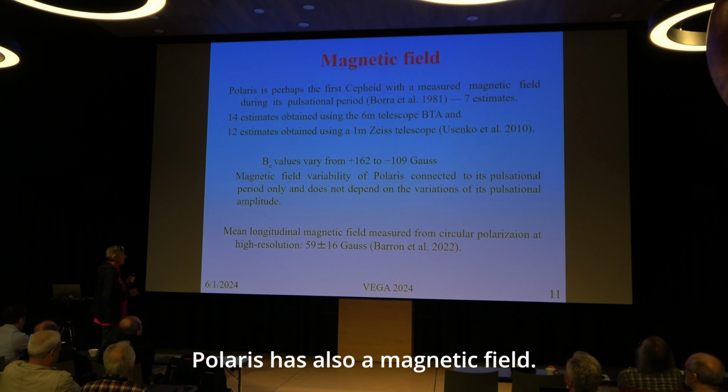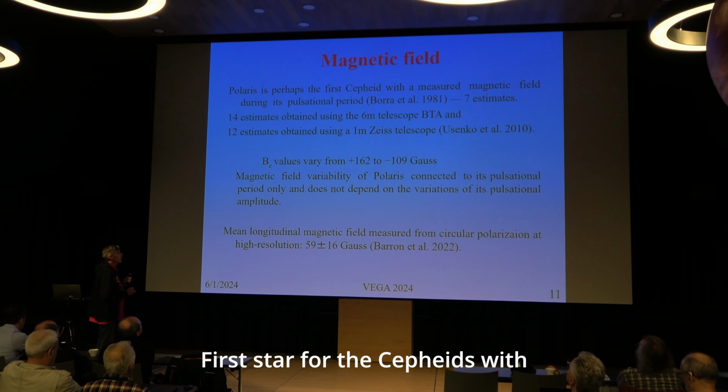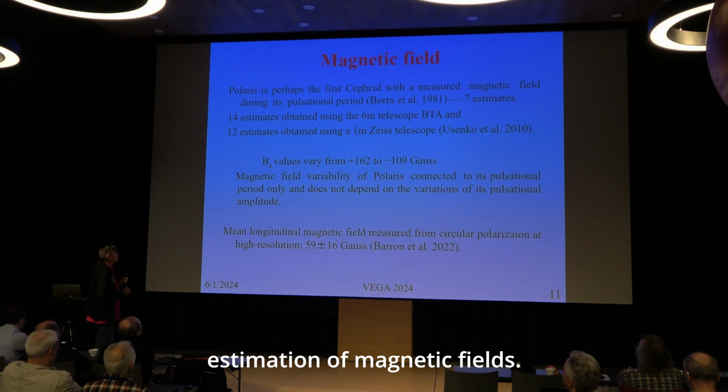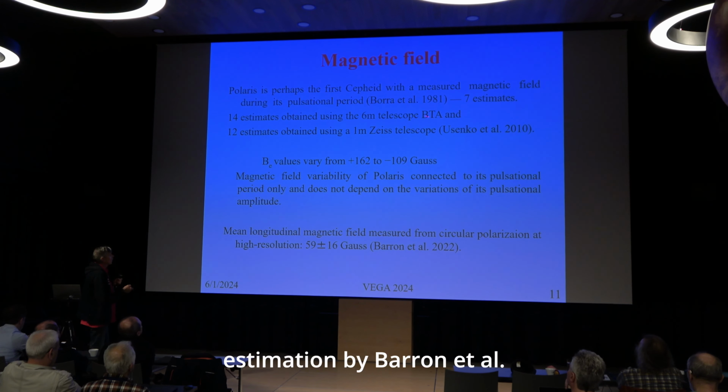Polaris also has a magnetic field. It is the first Cepheid with an estimation of the magnetic field. Our observation was the first estimation, after Bora et al.